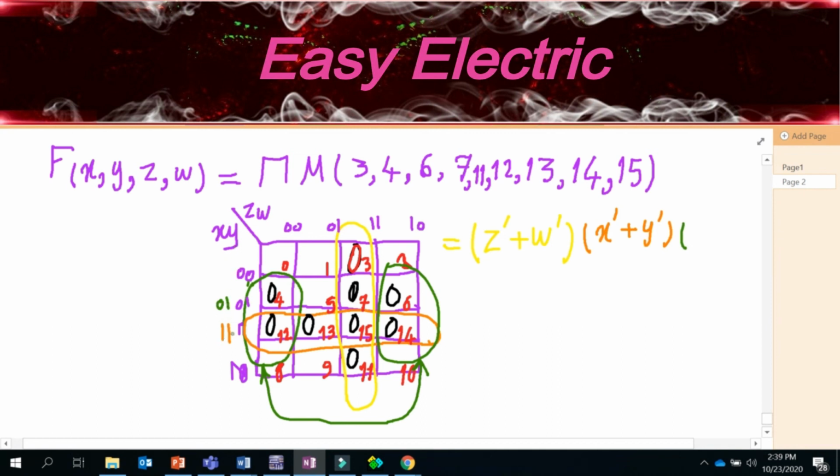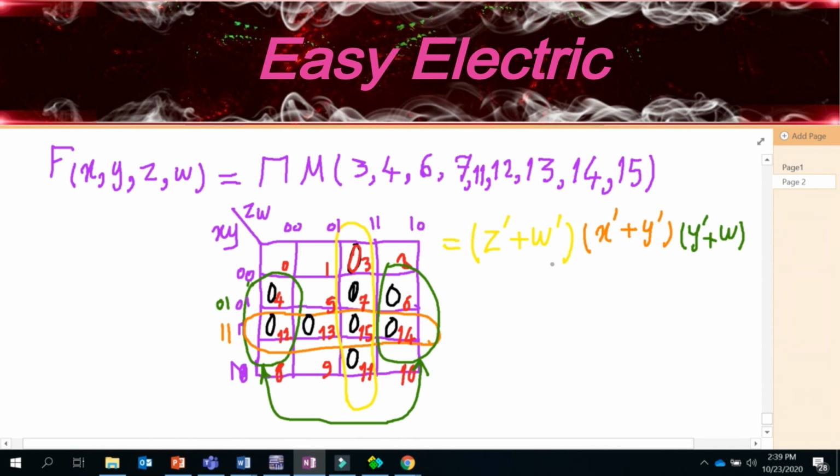Y here is 1 and 1, so you will have Y prime plus. Take a look at ZW. Z here is 0, here is 1, should be gone. W is 0, 0, so it should be W, right? So the last term that you have should be Y prime plus W, okay?